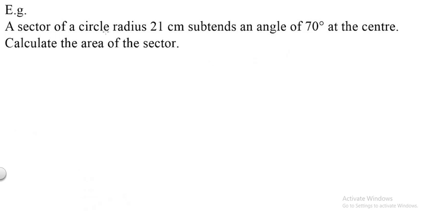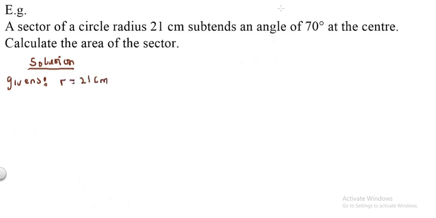For this example, we are told that a sector of a circle, radius 21 centimeters, subtends an angle of 70 degrees at the center. Calculate the area of the sector. Let's write out the solution. Our givens: we are given our radius as 21 centimeters. That means r is 21 centimeters.